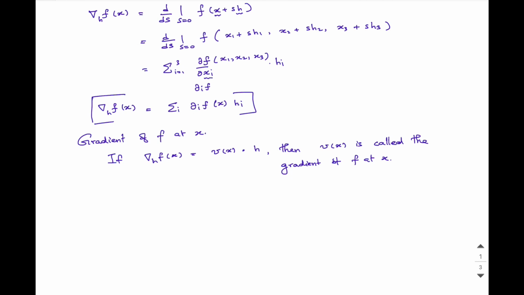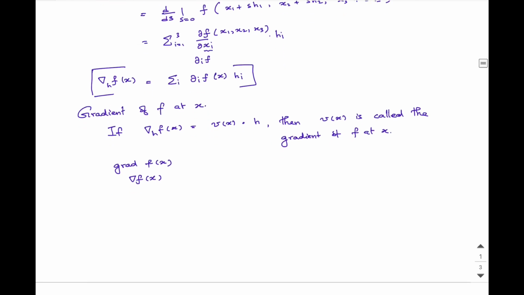We will use the symbol grad f of x, and people also use the symbol nabla f at x. In general, you can use either of these symbols, it doesn't matter, but in continuum mechanics, as we saw in the class, we will use two different versions of the gradient, one with respect to the current placement and one with respect to the initial placement. So this symbol, which is much cleaner, becomes non-trivial to apply, whereas this is much more amenable to manipulations, because you can write capital GRAD and so on.